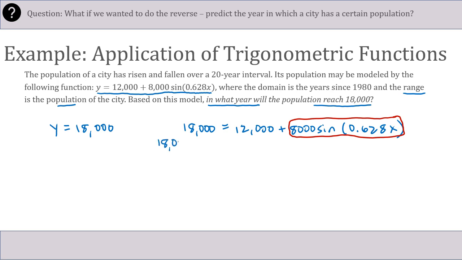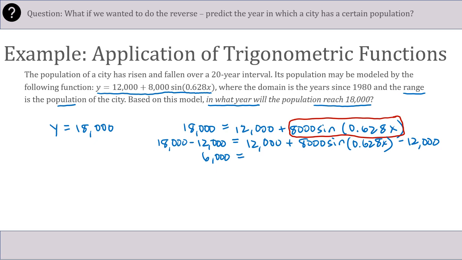So 18,000 minus 12,000, and then on the right hand side, I'll just go ahead and write this out so that you can see what is actually happening here. On the left hand side, 18,000 minus 12,000 is 6,000.